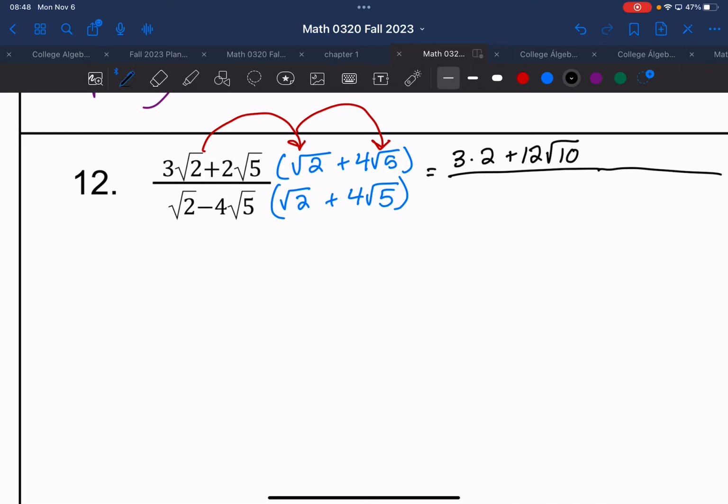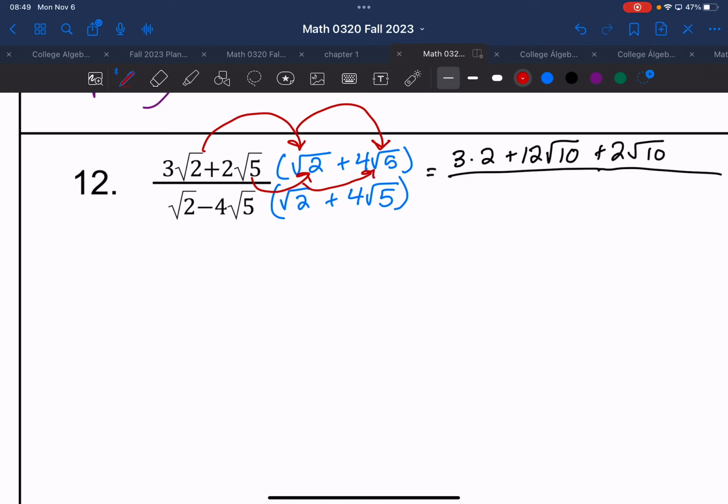Okay. Now looking at the other part of the FOIL method, we have 2 square roots of 5 times square root of 2. So this is going to be 2 square roots of 10. Then we have 2 square roots of 5 times 4 square roots of 5.